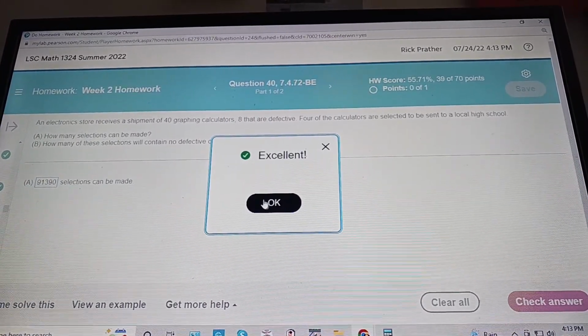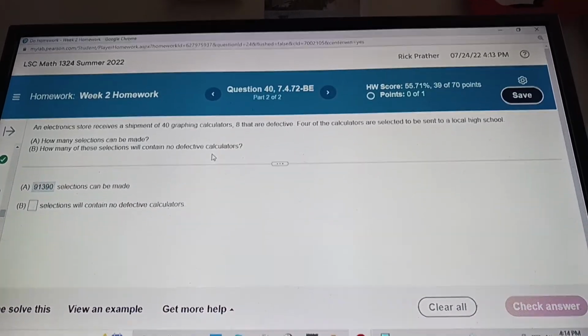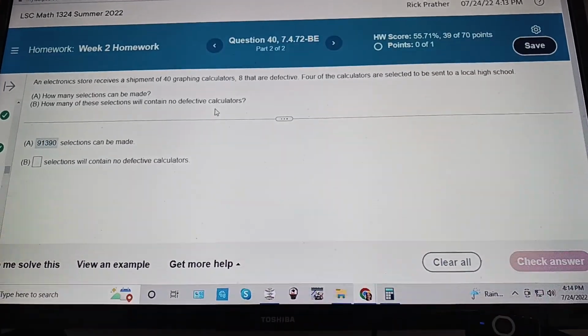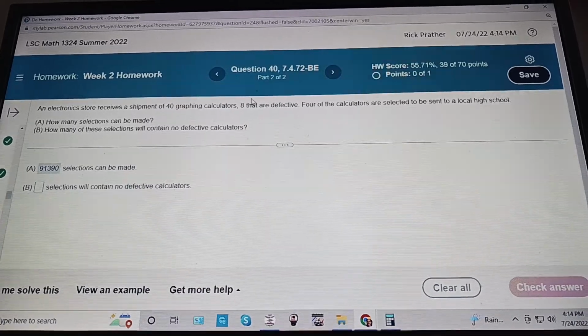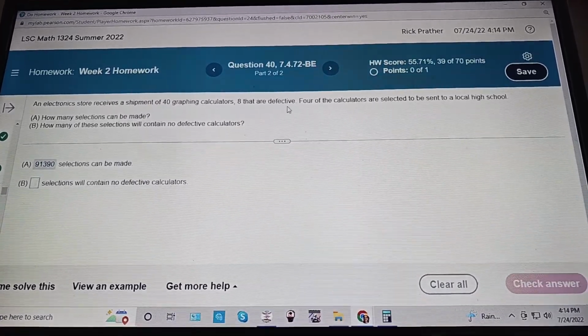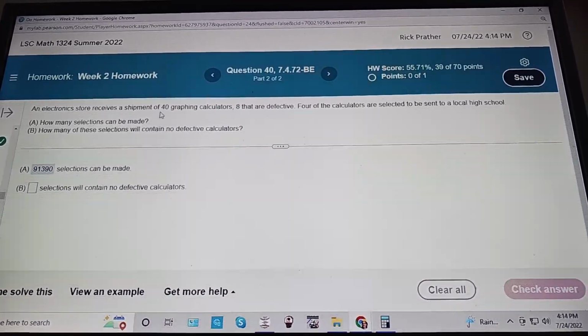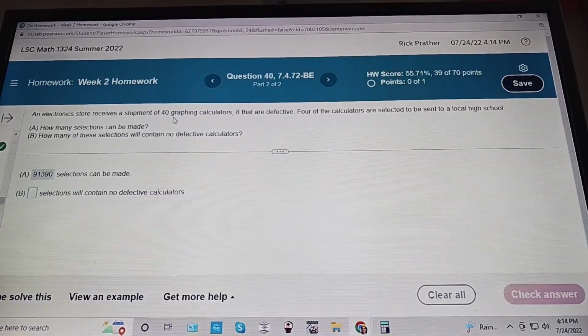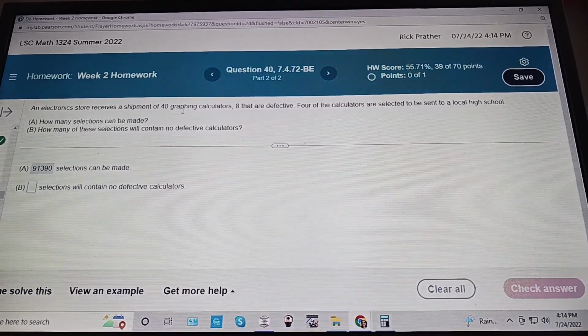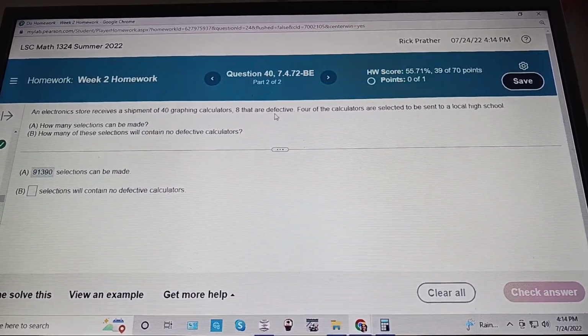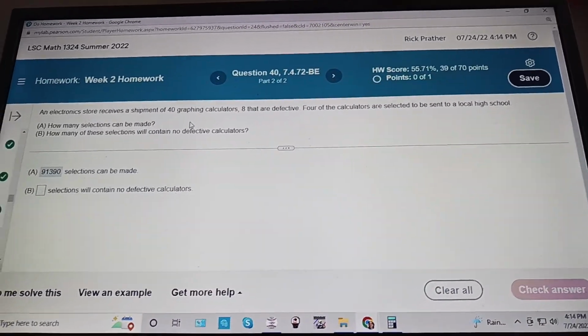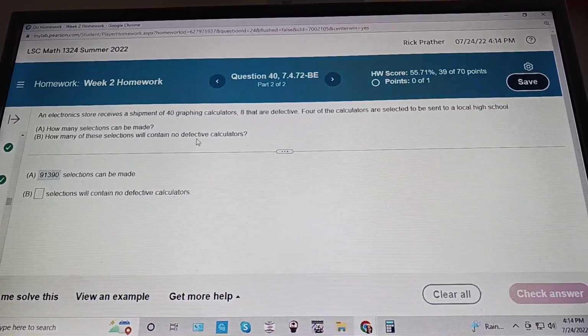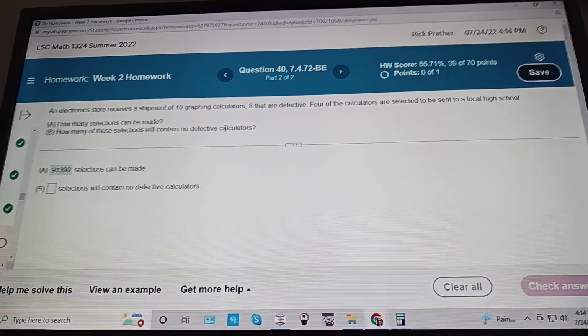How many of these selections will contain no defective calculators? So if we knew which ones worked and which ones were defective, 8 of them are defective. If we knew which 8 they were, we could take them away. Take the 8 away from the 40. There's 32 calculators that work and 8 that are defective. So then how many ways would you have no defectives in your calculation?